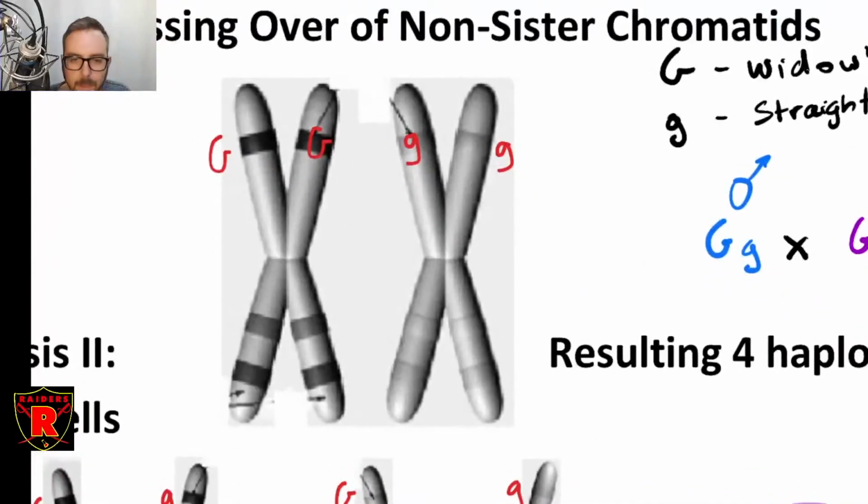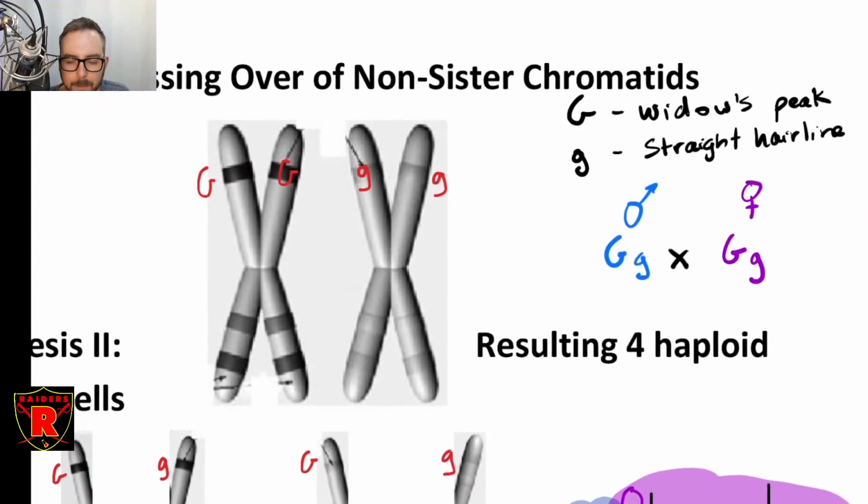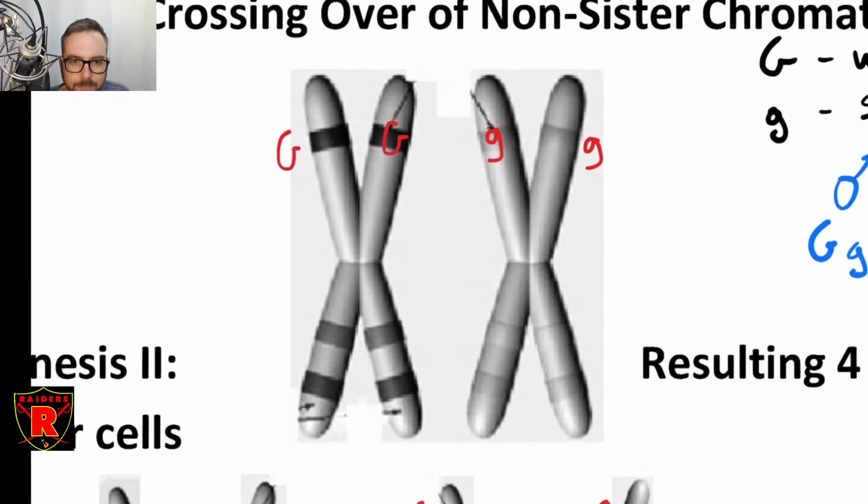Okay. So imagine you've got this genotype. You're big G, little g. This is you. When you make gametes, you are going to make 4.